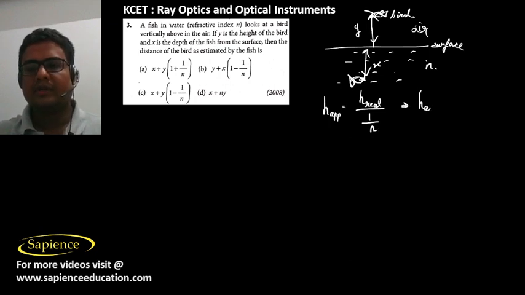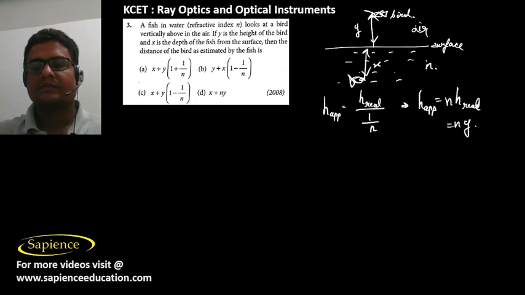So the apparent height of the bird as estimated by the fish will be equal to n times the real height, which is n times y.